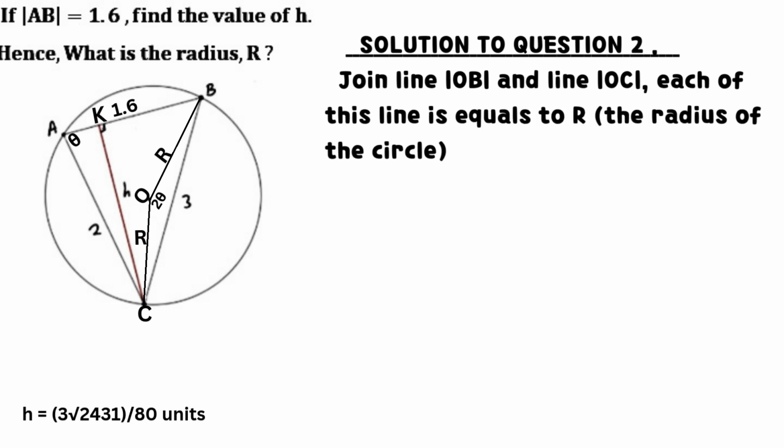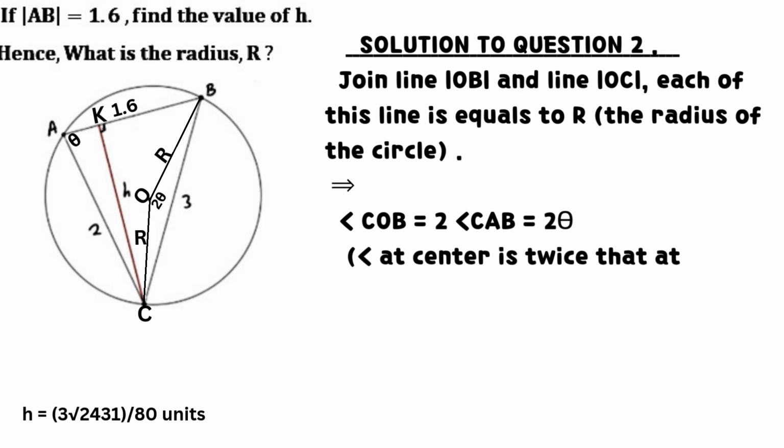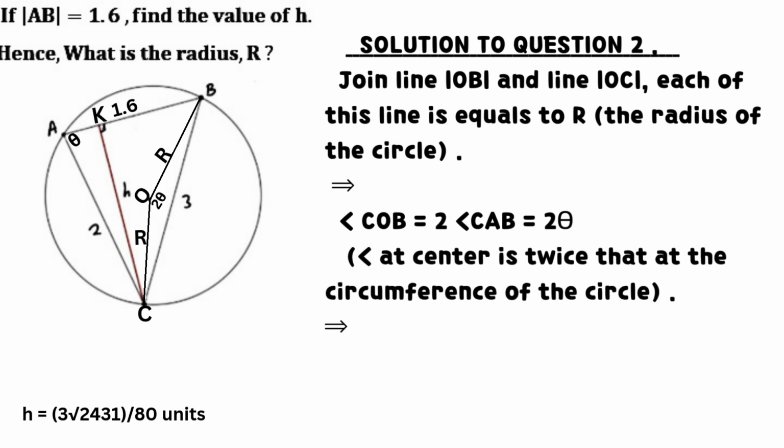Solution to question 2. Join line OB and line OC. Each of these lines is equal to R. It implies that angle COB equals 2 times angle CAB, which equals 2 times theta.